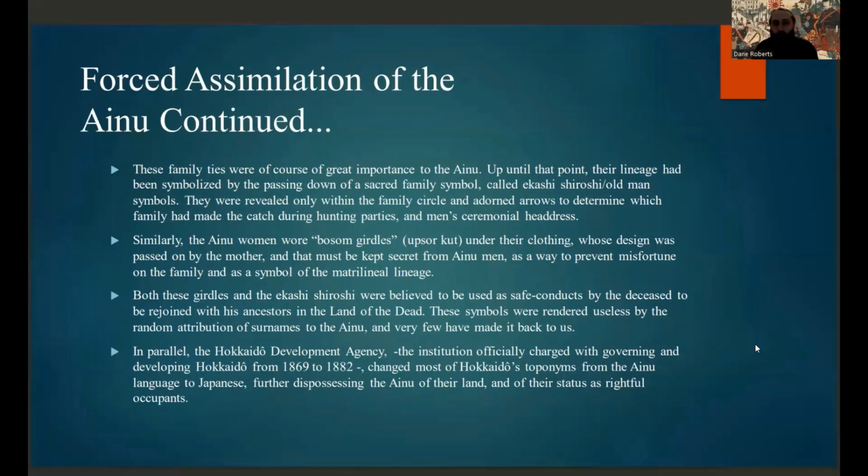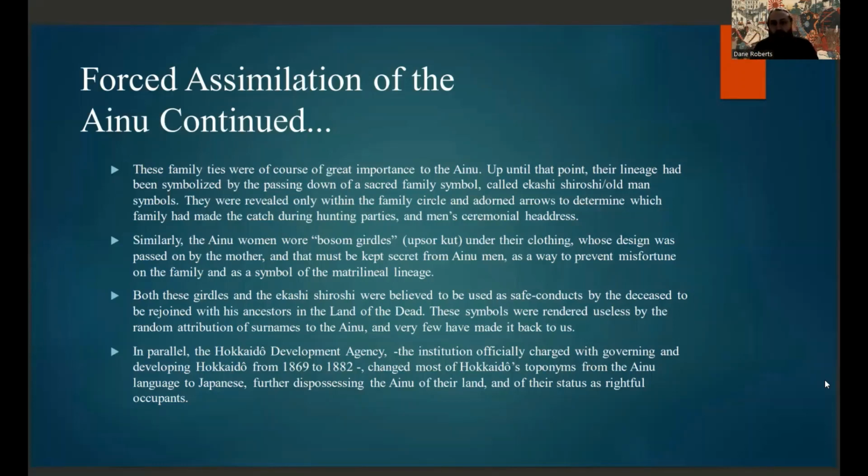Women often wore bosom girdles underneath their clothing, whose design was passed down by the mother, and must be kept secret from Ainu men as a way to prevent misfortune from the family. Both of these things were believed to be used as safe conducts by the deceased to be rejoined with their ancestors in the land of the dead. But these were rendered useless by the random attribution of surnames to the Ainu.